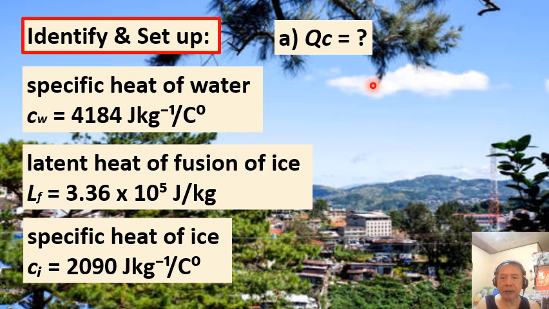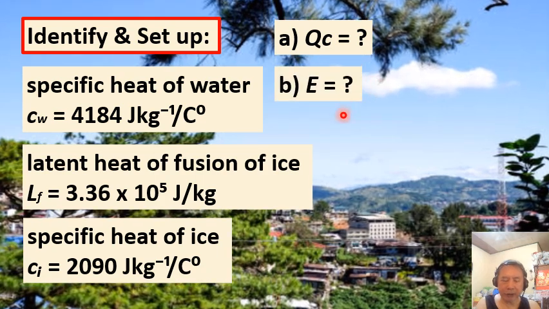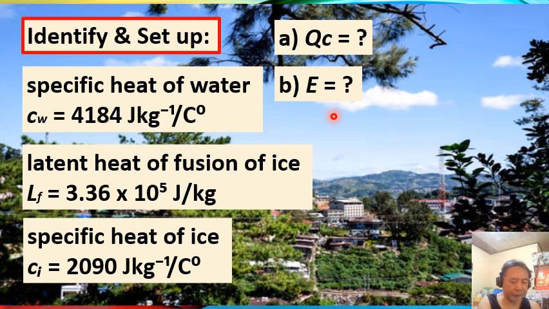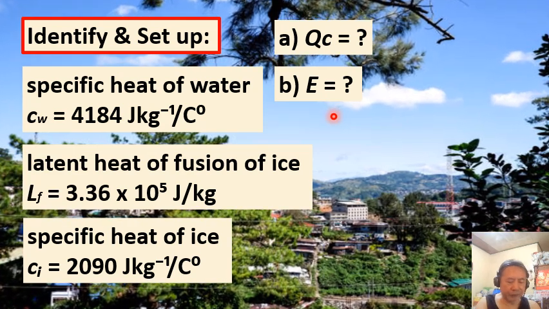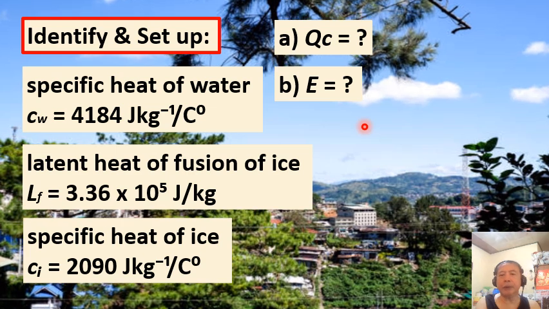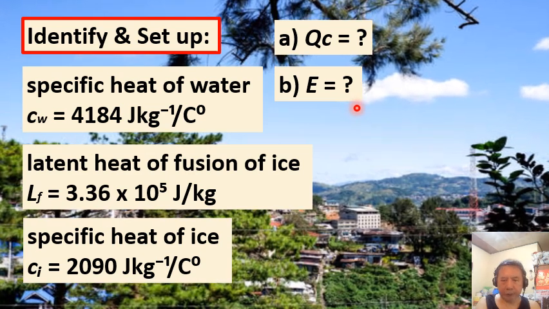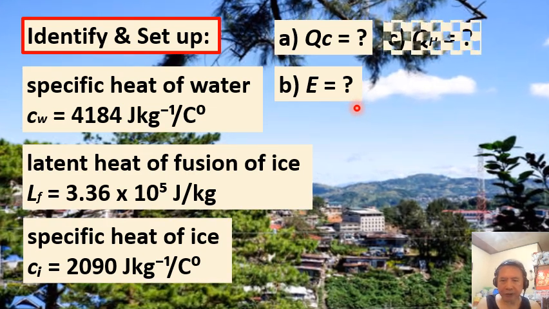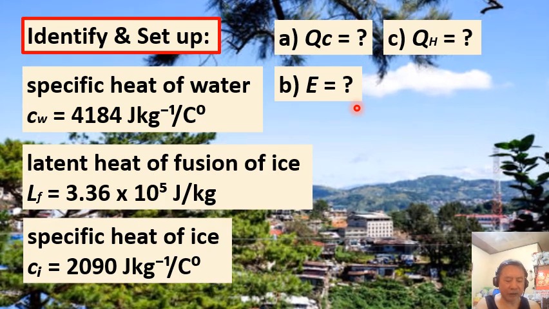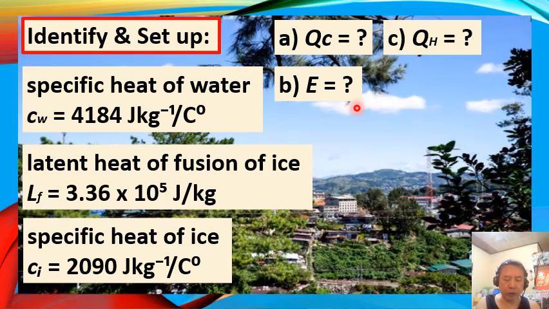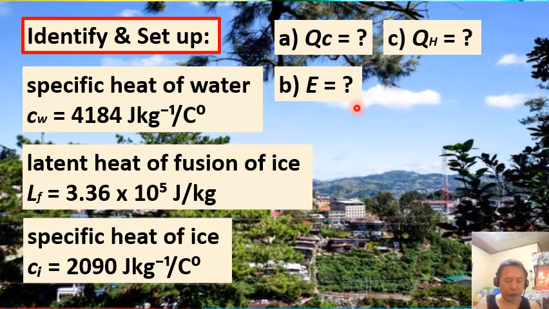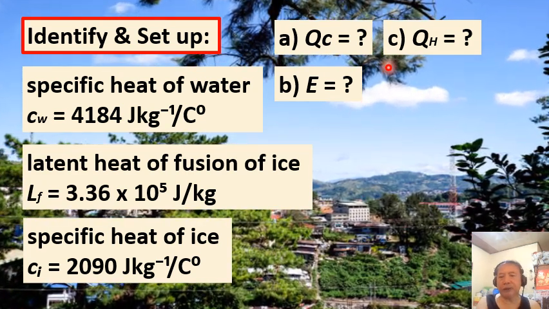And in part B, the amount of electrical energy that is consumed by the freezer in a period of 1.0 hour. And in part C, the amount of wasted heat that is delivered to the room in which the freezer sits, also known as the hot reservoir.